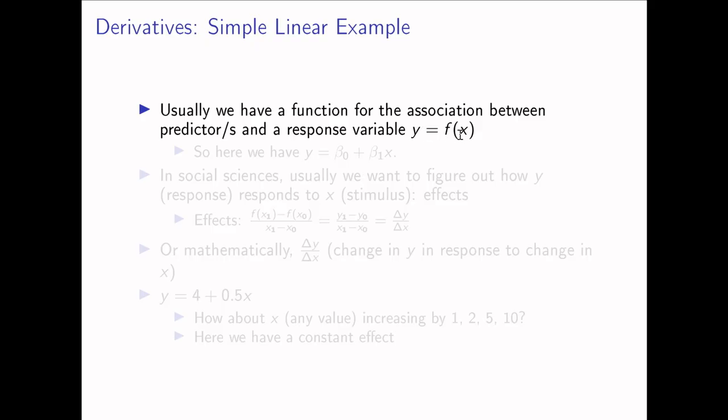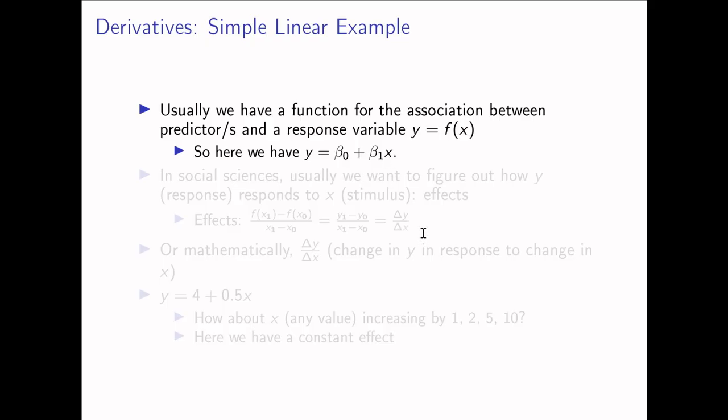So y is a function of predictor x. In most cases, we usually have a collection of predictors, but to simplify the discussion here, we simply use one single predictor x. So for example, here we have a linear relationship, y equal to beta 0 plus beta 1 x. Again, let me reiterate, y and x are variables, and beta 0 and beta 1 are constants.